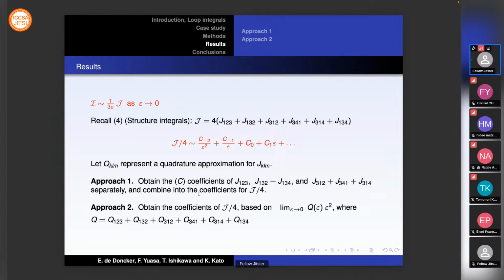In the first approach, we obtain the coefficients for the individual contributions, the J functions, and then combine the coefficients of the same order into the coefficients for J over 4. Here, in the second approach, we just take the sum of all the Q contributions. So we have a function Q of epsilon and evaluate or approximate numerically by extrapolation the limit as epsilon goes to 0 of Q of epsilon times epsilon squared.